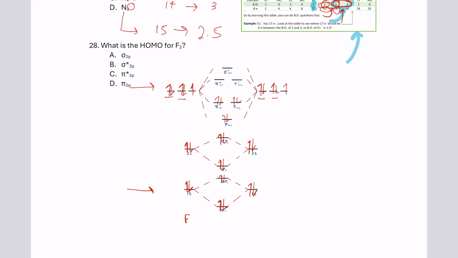And then we'll place the remaining 4 in the pi star 2p antibonding orbitals. Now, this problem is asking us for the highest occupied molecular orbitals. That's going to be our pi star 2p antibonding orbital. So the correct answer here is going to be C.